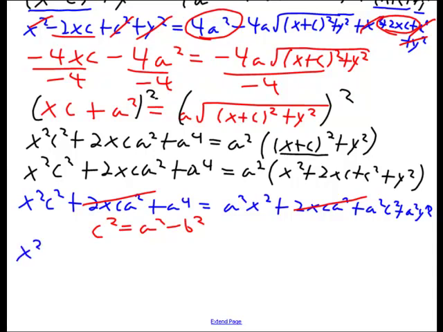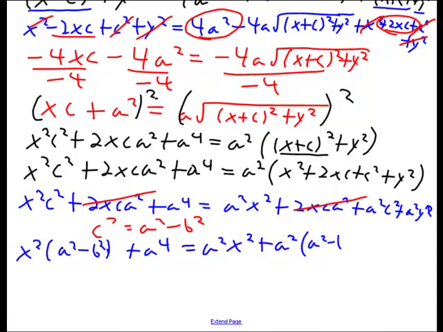It'll be x squared times c squared, which we said was a squared minus b squared, and then we'll have our plus a to the fourth remaining out there. That's equal to a squared times x squared plus a squared times c squared, which again is a squared minus b squared, and then plus a squared y squared.